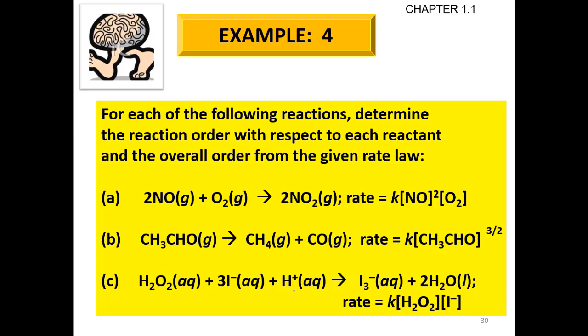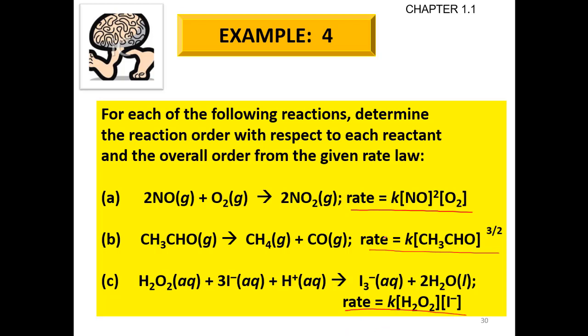Alright. So this one, example 4, dia give us the equation. Dia bagi kita dia punya rate law lah. Ni kita panggil sebagai rate law, dia dah bagi rate law kita. So dia suruh kita determine the order of the reaction.